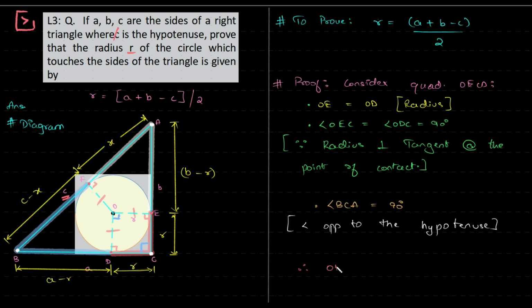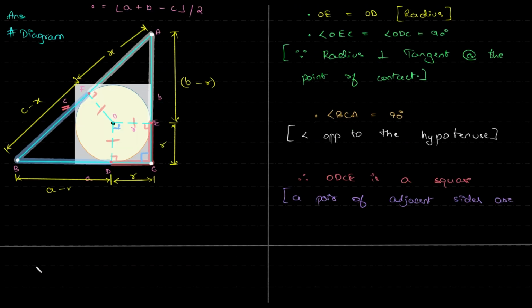Therefore, ODCE is a square. Reason: a pair of adjacent sides are equal and three angles are equal to 90 degrees. Agree?